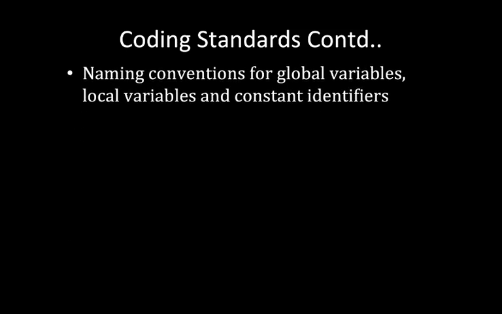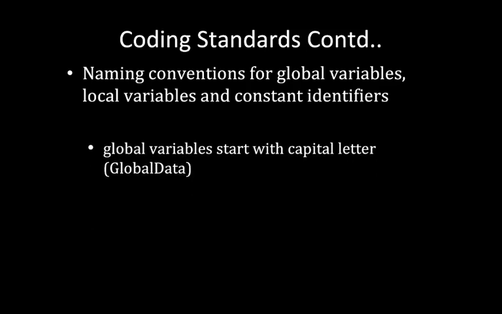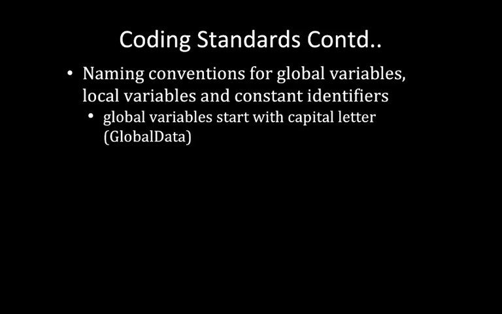Then another coding standard that will be followed is naming conventions for global variables, local variables, and constant identifiers. Most organizations will mention what naming convention should be used for global variables, local variables, and constant variables. For example, global variables should start with a capital letter.